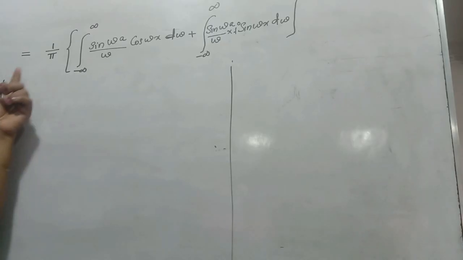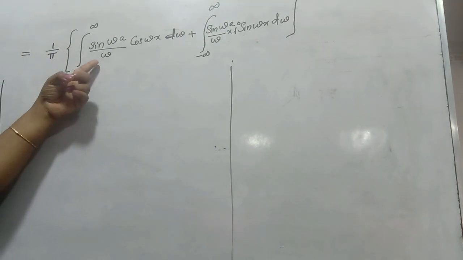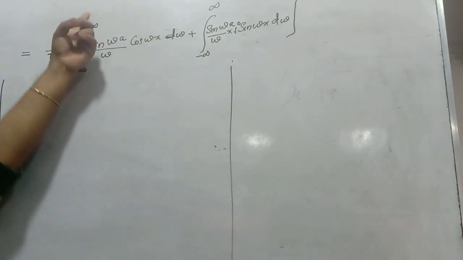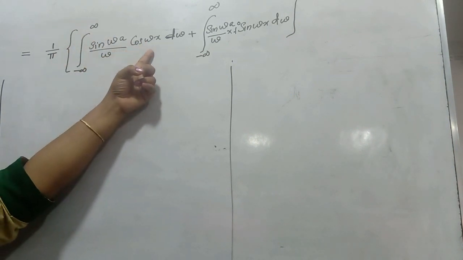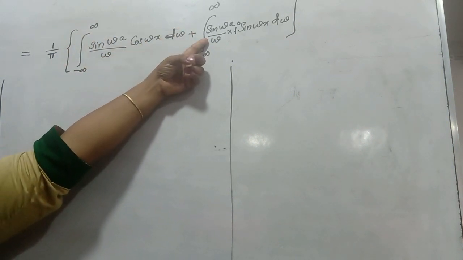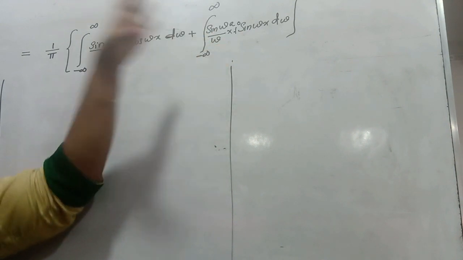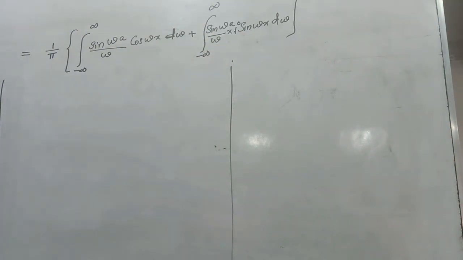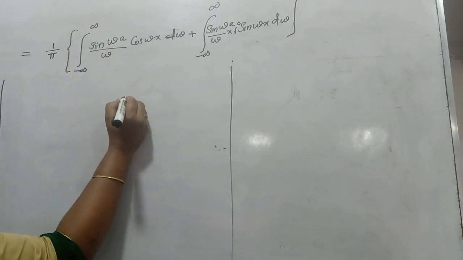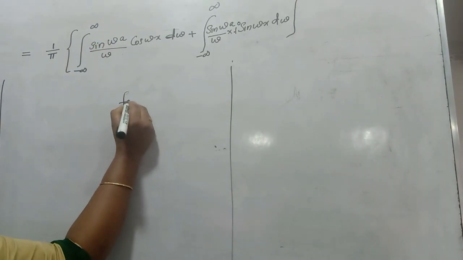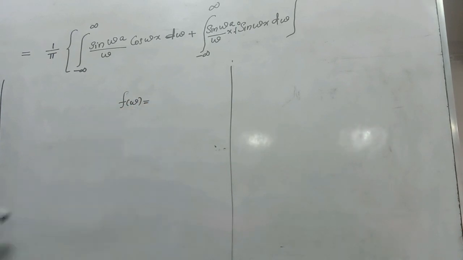Then we can split the integral into two parts: integral from minus infinity to infinity sin omega a by omega into cos omega x d omega, and sin omega a by omega into i sin omega x d omega. Here, check whether the function sin omega a by omega is even or odd.